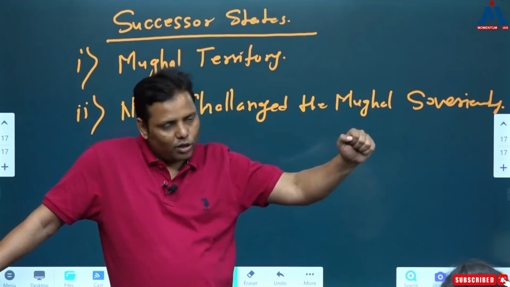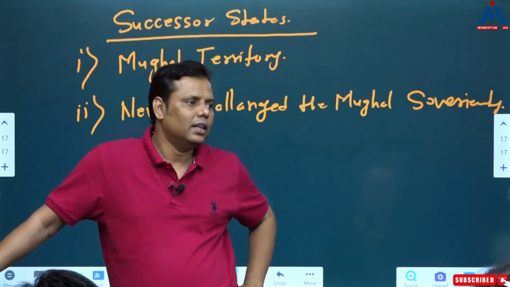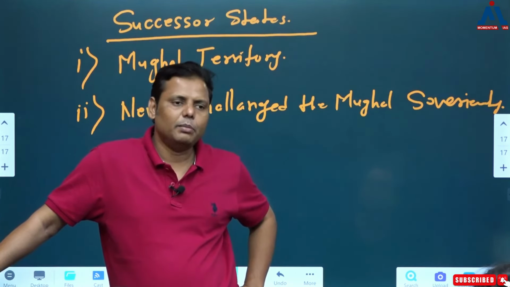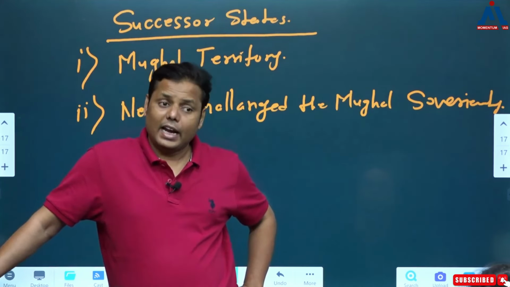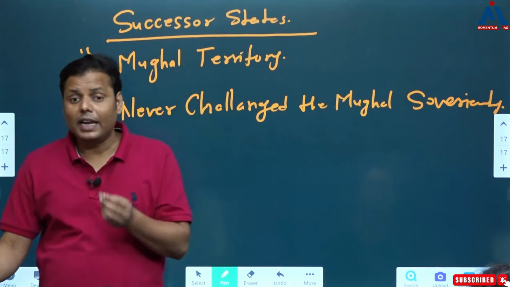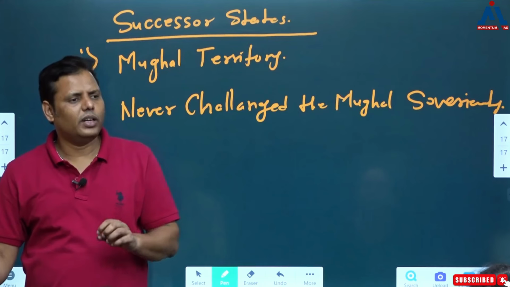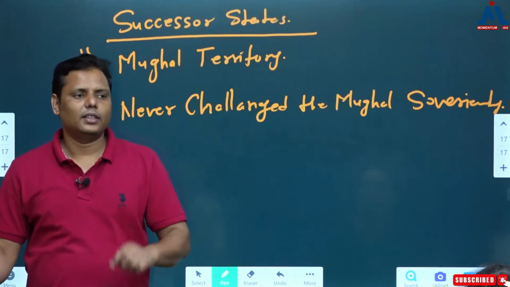But when it comes to enjoying real powers, they were literally enjoying real powers. Whenever they went to war, they never took permission from the Mughals. First they went to war. And after the war, if they signed any treaty with another power, they signed the treaties without asking the Mughals. After signing, they got it signed by the Mughals.